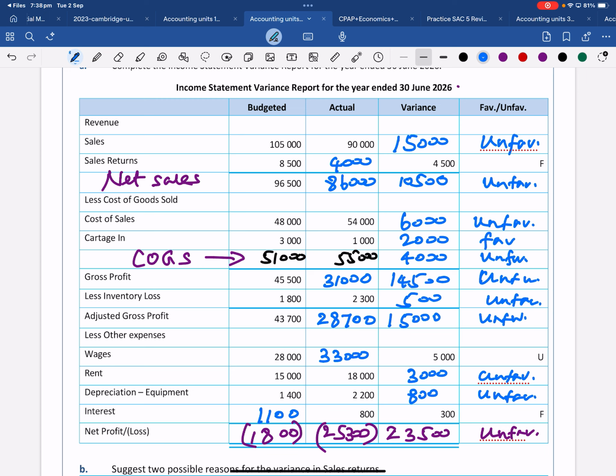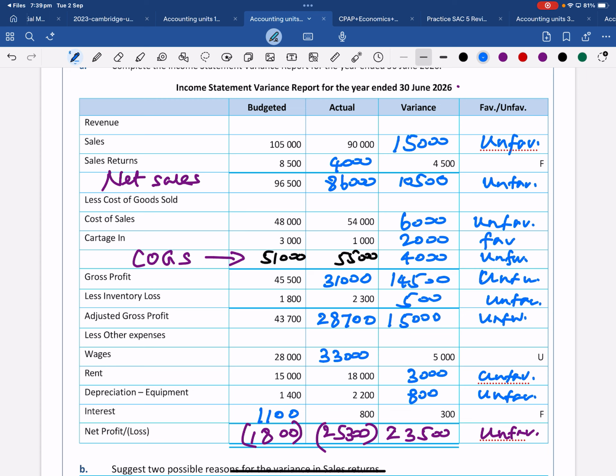Carriage in is okay. Then inventory loss has increased. What does it indicate? Theft, meaning inventory controls and inventory management are weak and poor. What else, guys? Wages increased even though sales decreased, so probably labor productivity is low.